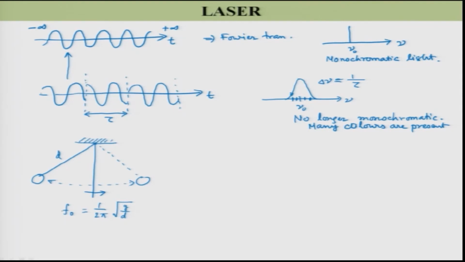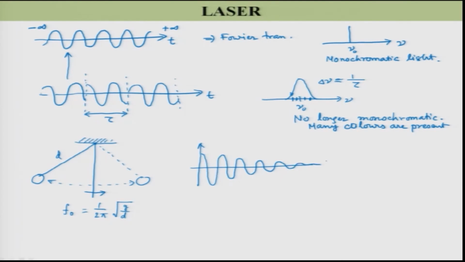Then I will get a perfect oscillator. But as you know, because of friction, the amplitude of this pendulum will decrease as a function of time. Let us consider the amplitude was like this, and then it keeps decreasing and ultimately it will stop.